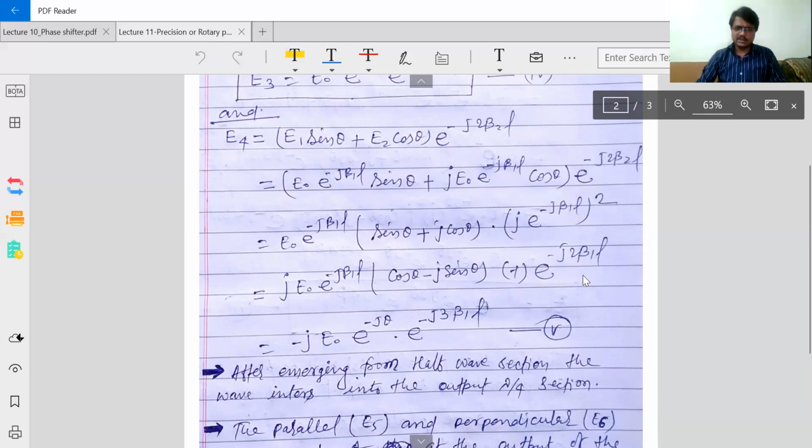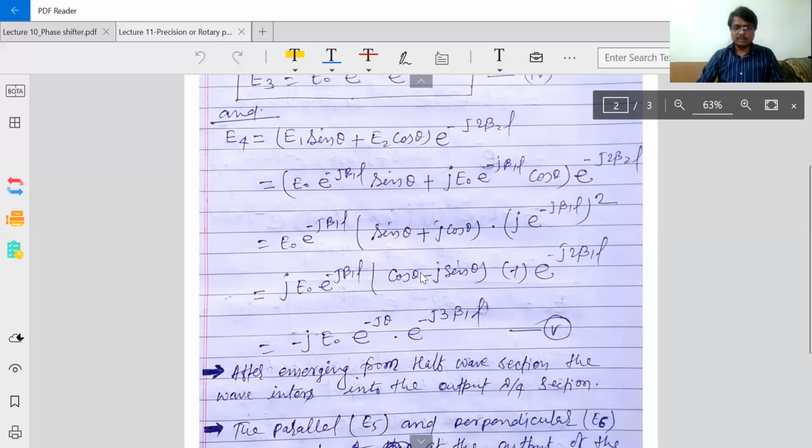Again it is in terms of beta 1, no problem. And here it is sin theta plus j cos theta, which cannot be written directly in terms of an exponential component. So what we will do, we will take this j term common. If j is common from here, it will be cos theta minus j sin theta.